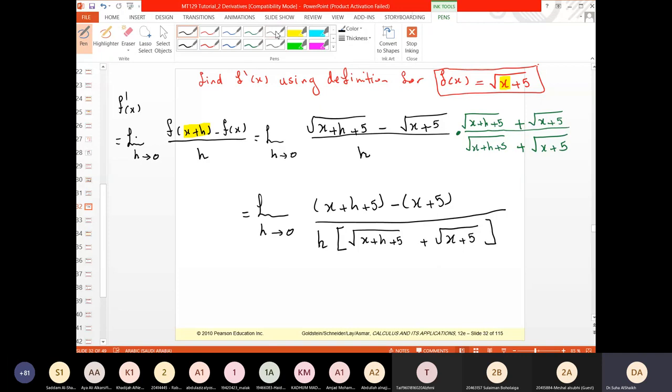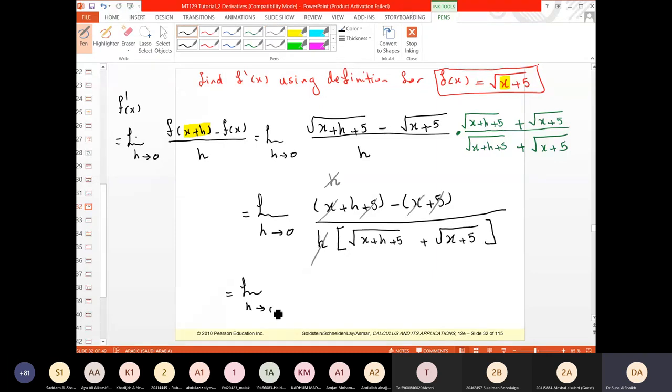Good? And what will happen? The x with this x cancel, plus minus. The 5 with this 5 will cancel, plus minus. I remain with h, and down there I have h, so it's going to cancel.